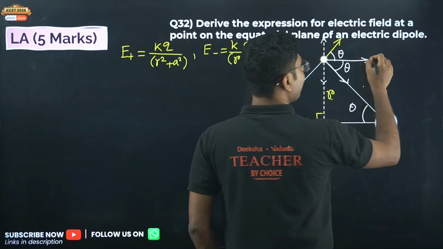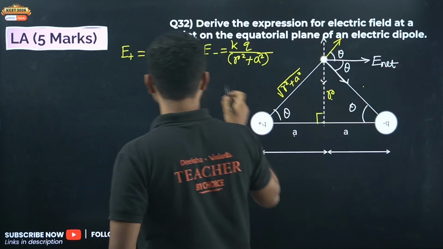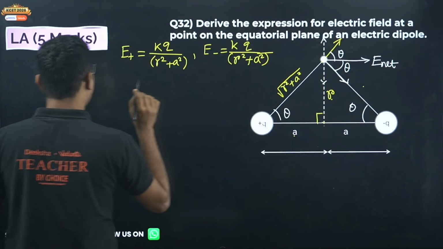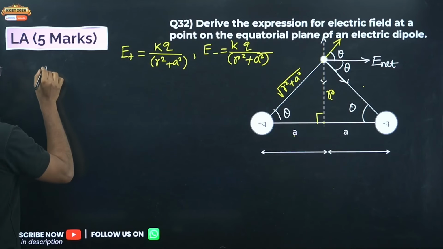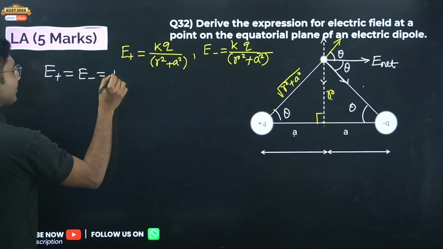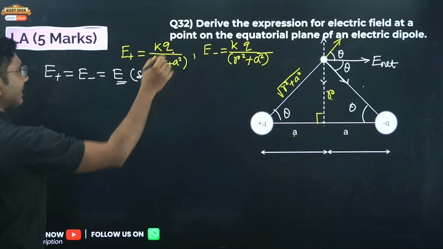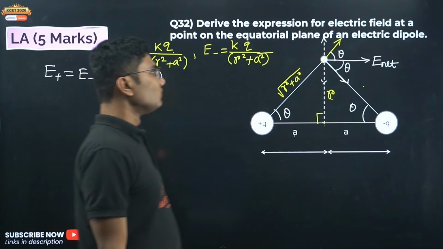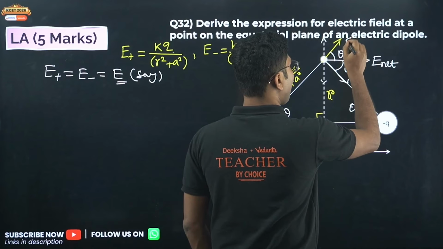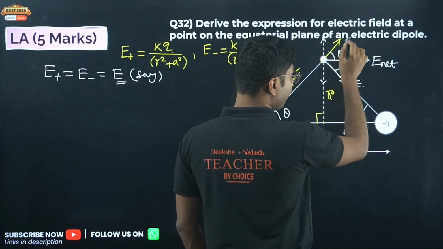So we again will try to find the net electric field. Now we realize that positive and negative both have the same magnitude, so we will say E plus equals E minus equals E, say. And what is the value of E? E is the same as this value. So this is E, this is also E. What is this component of E?